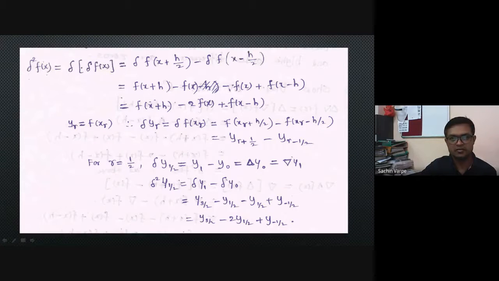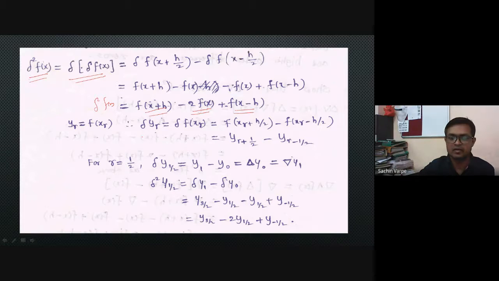This is second order central difference operator. Delta square f of x is delta of delta of f of x. ठीक है. So second order delta square f of x will be f of x plus h minus 2 times f of x plus f of x minus h. ठीक है.